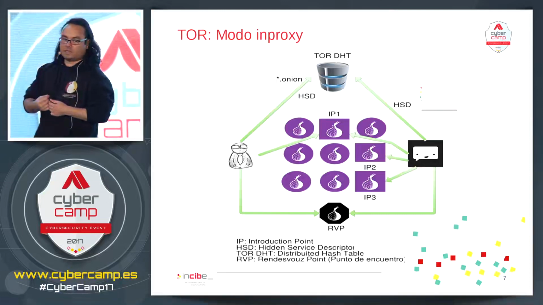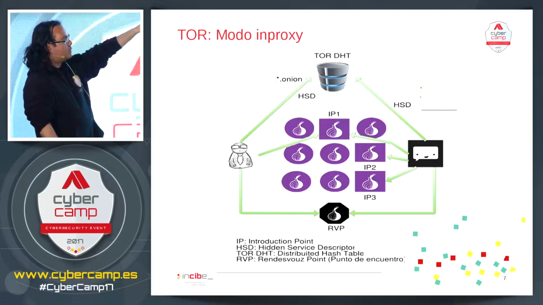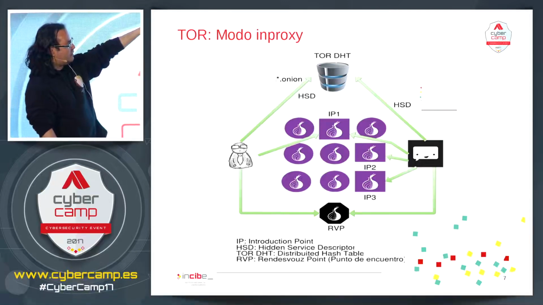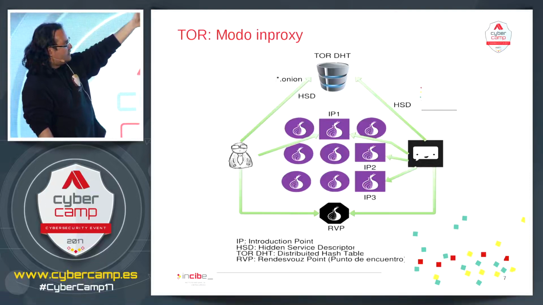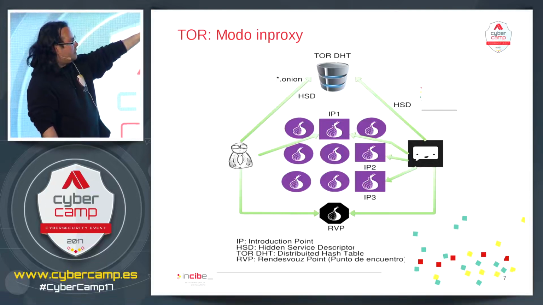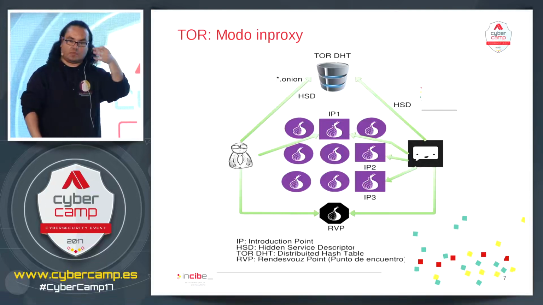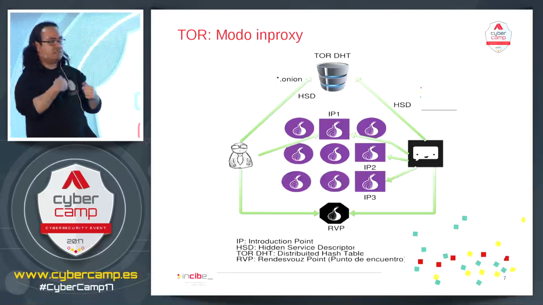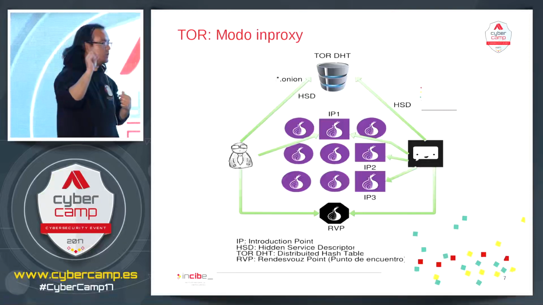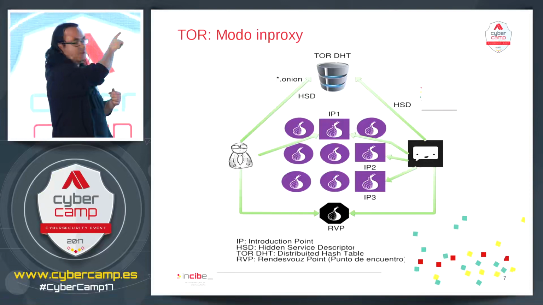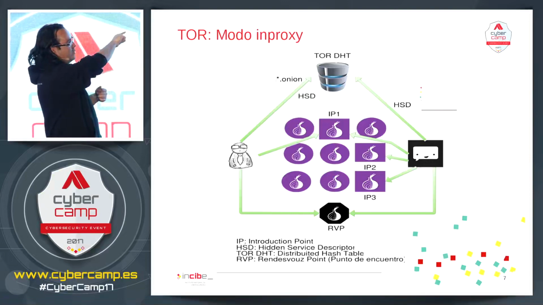So this way they have the code to encrypt the data package and an introduction point that is represented by an onion in the middle here. So the client selects one of these three introduction points and sends all the packages that way.